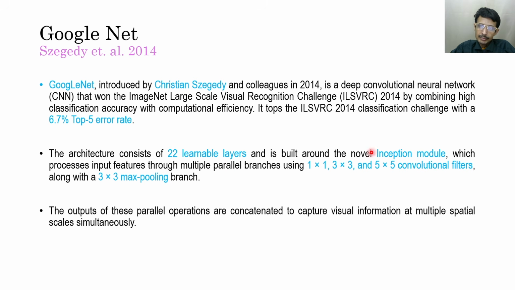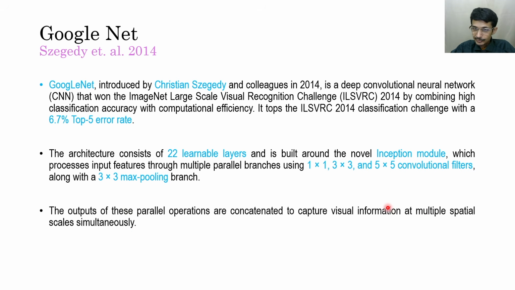Now, the inception module processes the input feature through multiple parallel branches like this. The outputs of these parallel operations are concatenated to capture the visual information at multiple spatial scales simultaneously.